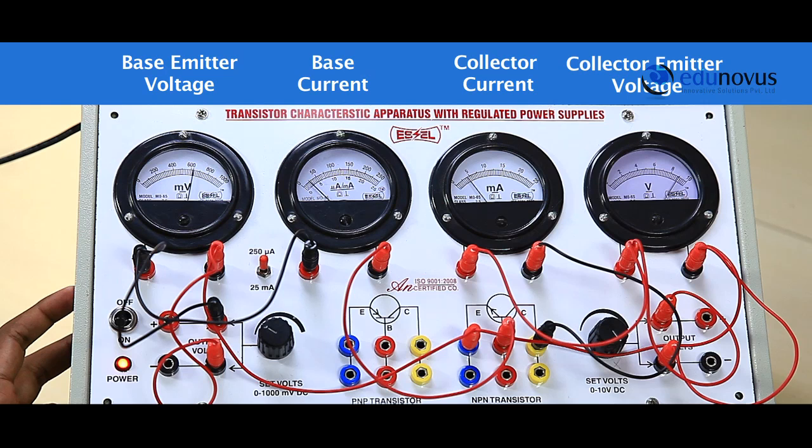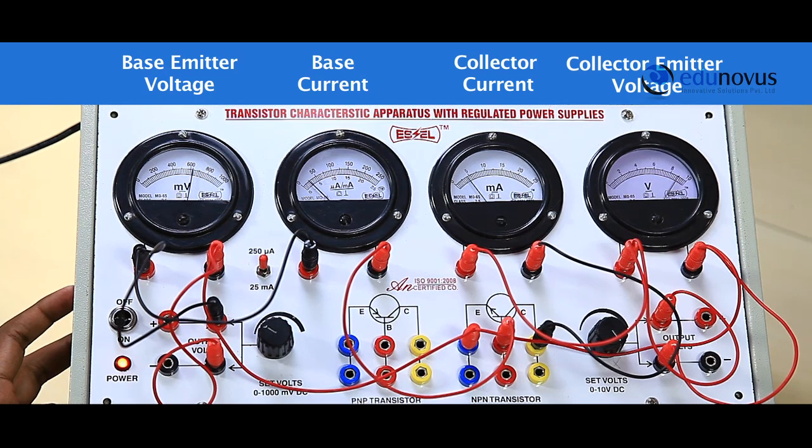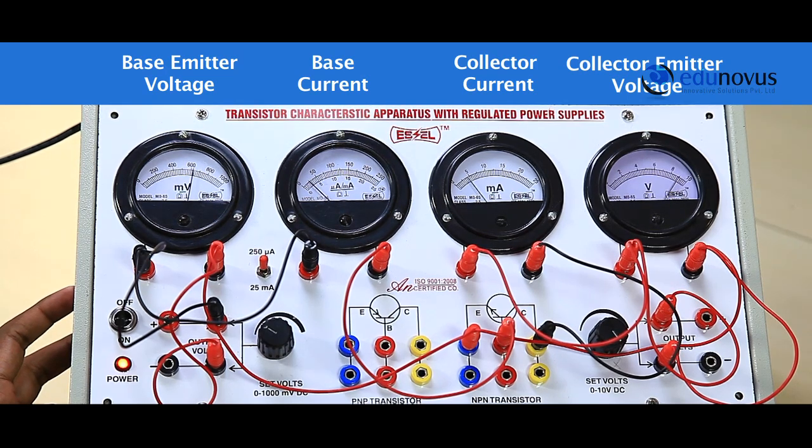Next, increase the base current to 50 microamperes by adjusting the base emitter voltage and repeat the same steps to note down the collector currents for the same set of collector emitter voltages.